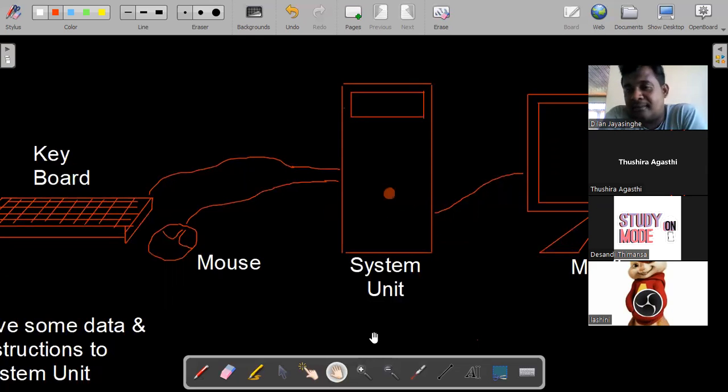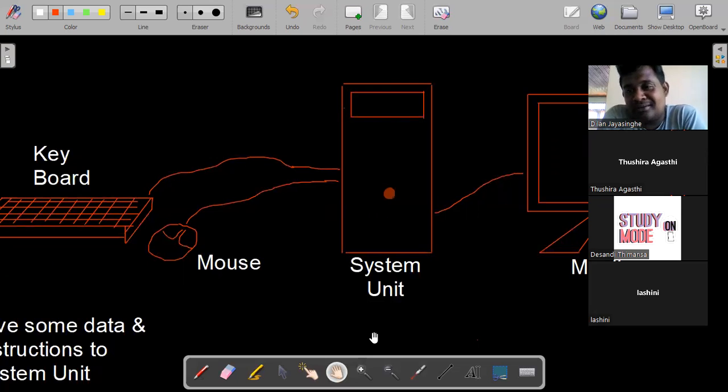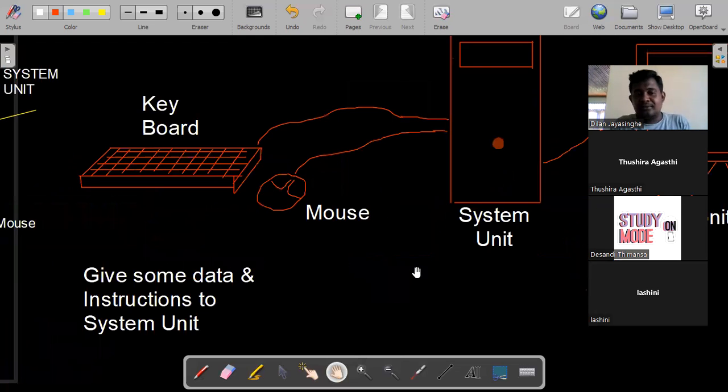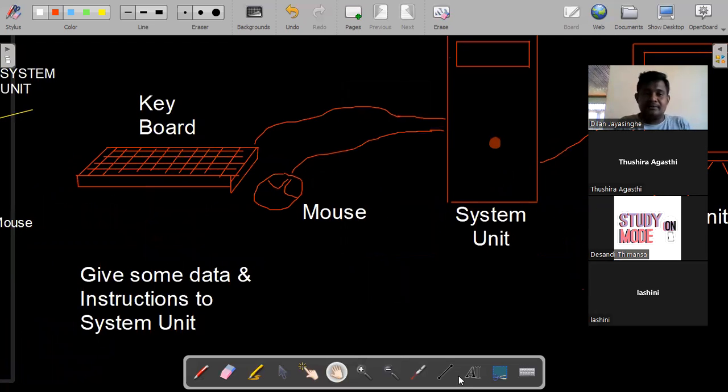This is a machine. This is not a human to give, but normally we are saying giving. So giving means we are putting inside, because these are machines. So therefore we cannot give. We are putting in.